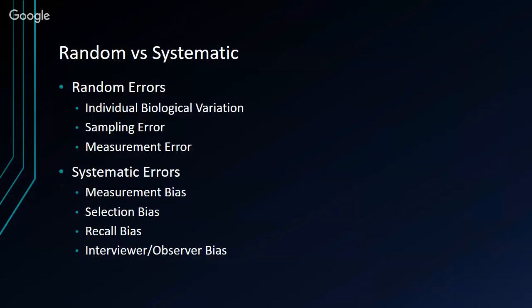Does that make sense? And interviewer bias is when the person conducting the study records results differently based on the group that the patient has been assigned to. So this is why we do double-blind tests in RCTs, so that the person recording the results doesn't actually know if the person in front of them is in the placebo or in the actual drug group.